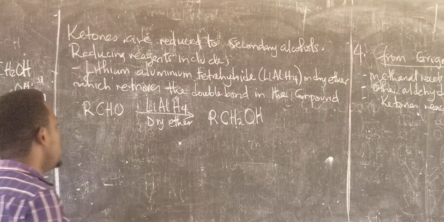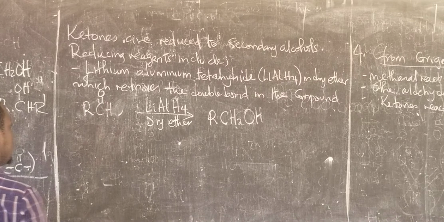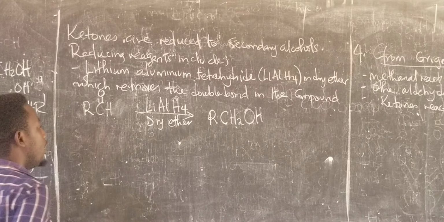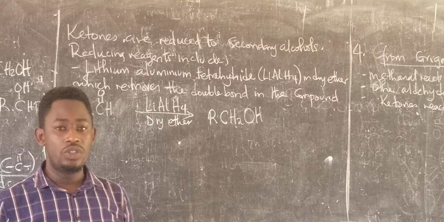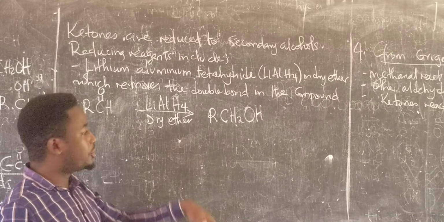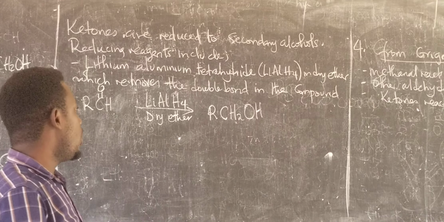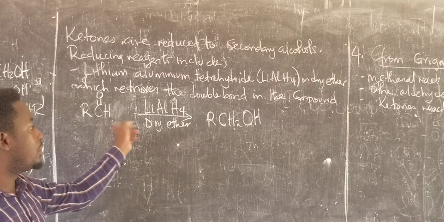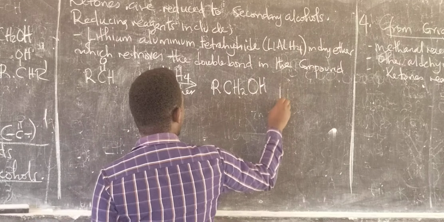I have eliminated the carbon oxygen double bond, but I have also increased the number of hydrogen atoms. I have added 2 of them. So what happens here is that in reduction, the number of hydrogen atoms has increased, and also we have eliminated the carbon oxygen double bond from the compound. So this is a primary alcohol.